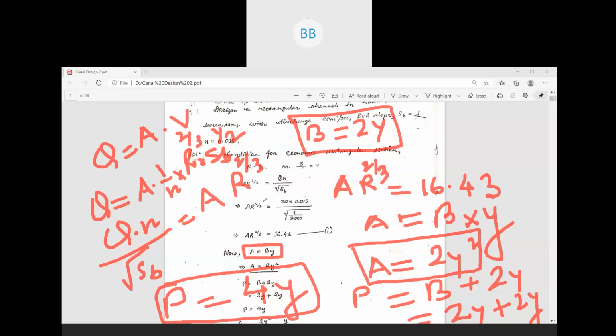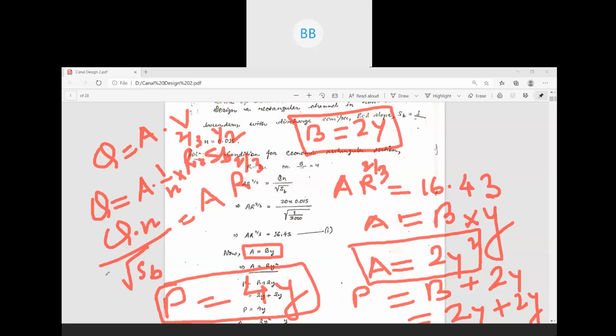Because in the question Manning's n is given. So after that we bring all the known parts to one side and all the unknown parts to the other side. So it will come as Q multiplied by Manning's roughness coefficient divided by root over bed slope is equal to A R to the power 2 by 3.